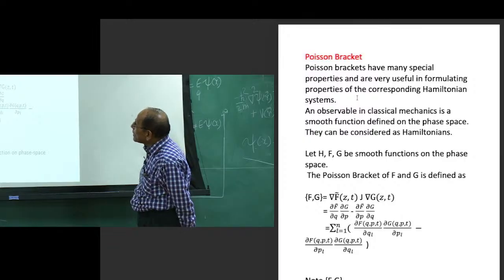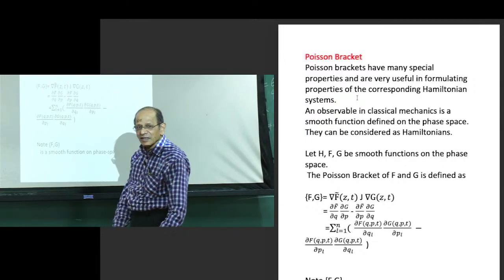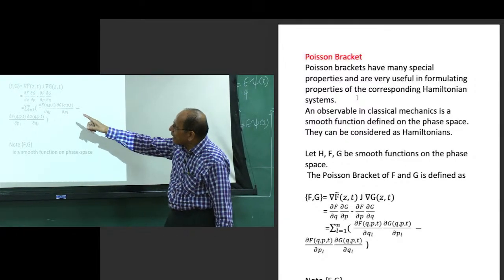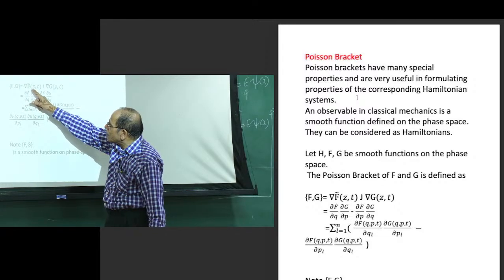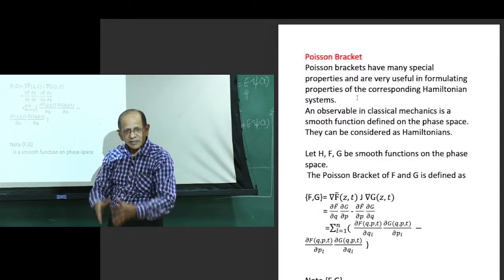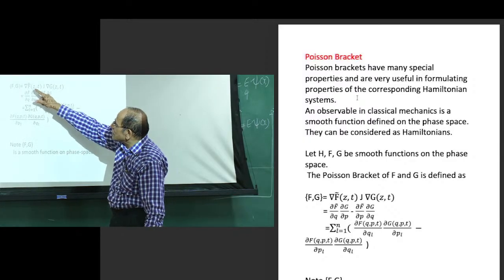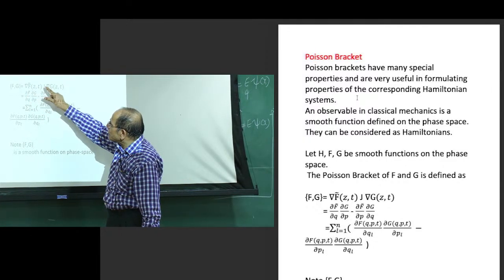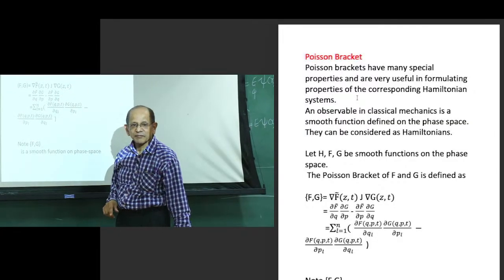So, if there are 3 such functions h, f and g, I define the Poisson bracket of f and g to be the gradient of f transposed, because gradient is a column vector and I want a row vector, times the matrix J into the gradient of g.